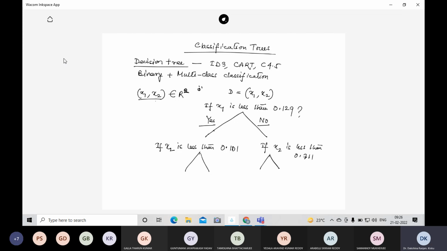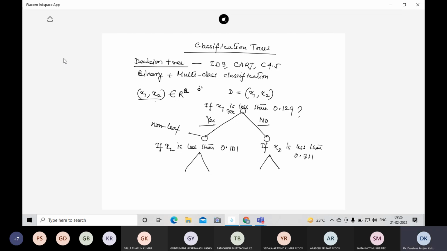That means if the answer is found to be yes, then we will go to a branch, and if the answer is found to be no, then we will take another branch. Okay, so from this classification tree, one thing is understood: whatever classification problem we deal with, every time we need to enter the input data to the root node. Okay, so here we will have the root node. These are the non-leaf nodes. Okay, these are the non-leaf nodes.